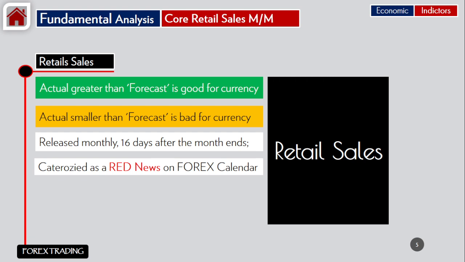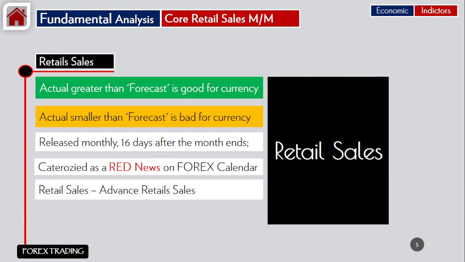on the forex calendar it is categorized as red news. That means this can create a certain level of volatility in the forex market, and forex traders need to look at it very closely, understand the data figures and then develop their strategy accordingly, because on the basis of that they can either trade into profit, or unfortunately they can also trade into losses as well.